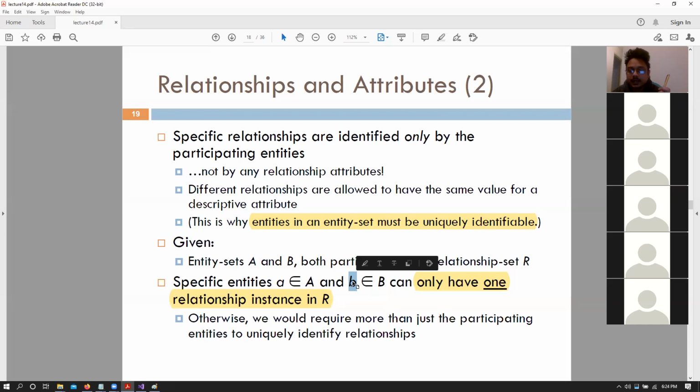So basically that means I can own a laptop, but I cannot have multiple entries in the relationship table saying I own this laptop, I own this laptop again. So user A owns laptop A, user A owns laptop A, user A owns laptop A. If both of those two things are the same, A and B, we cannot have multiple entries in the relationship set. That is all that it says, right? Okay.